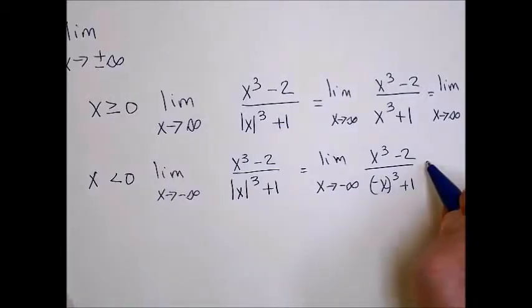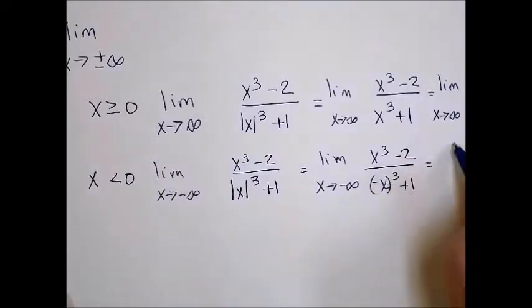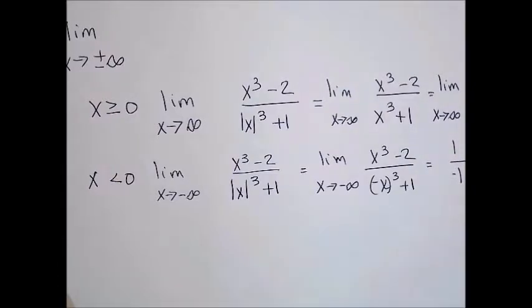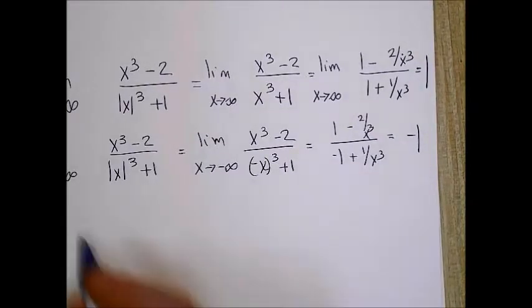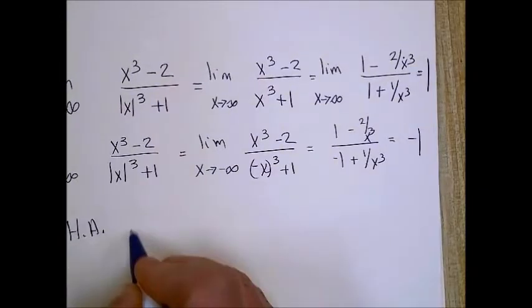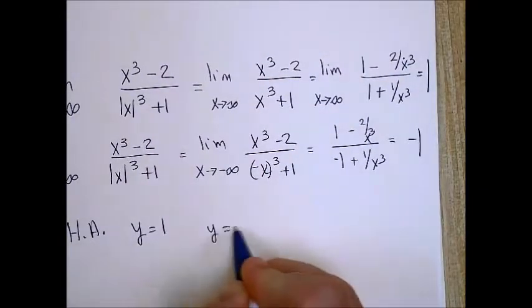When we divide by x cubed, we're going to have (1 minus 2 over x cubed) over (negative 1 plus 1 over x cubed). This time my answer is negative 1. The horizontal asymptotes here are y equals 1 and y equals negative 1.